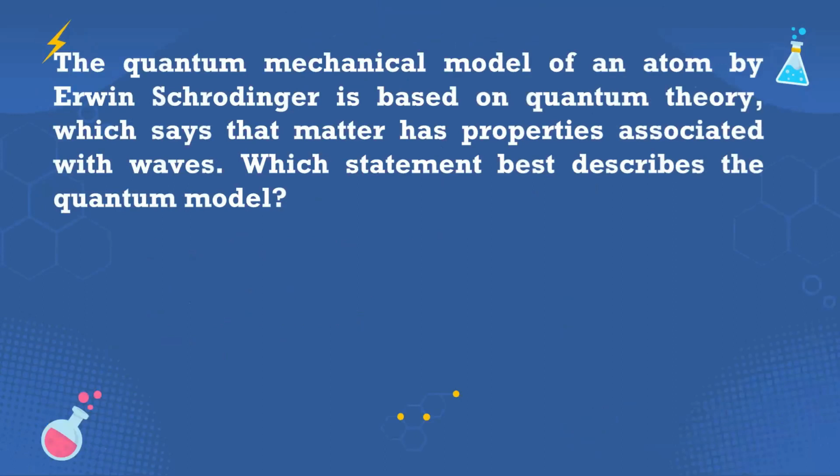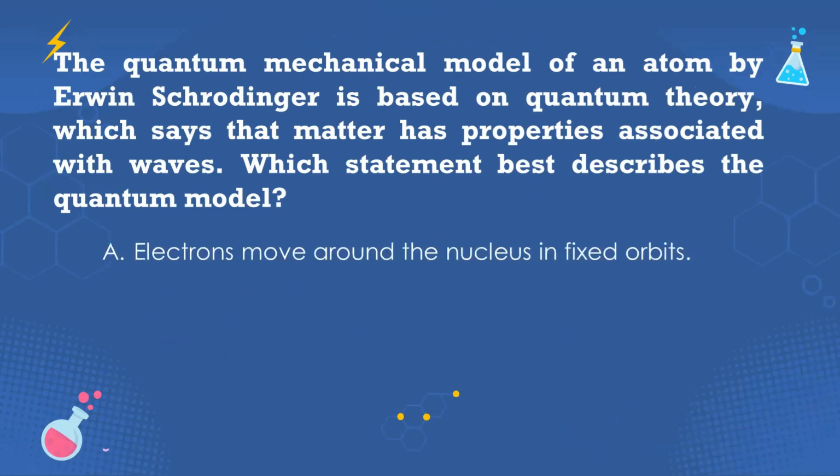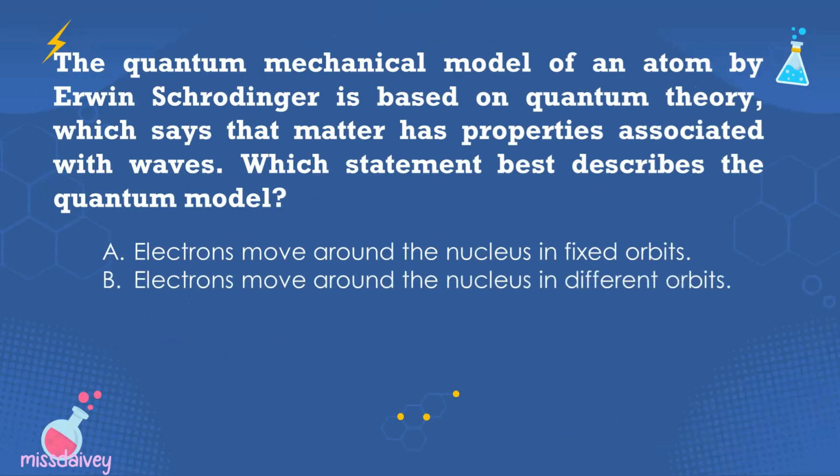The quantum mechanical model of an atom by Erwin Schrodinger is based on quantum theory, which says that matter has properties associated with waves. Which statement best describes the quantum model? A, electrons move around the nucleus in fixed orbits. B, electrons move around the nucleus in different orbits.